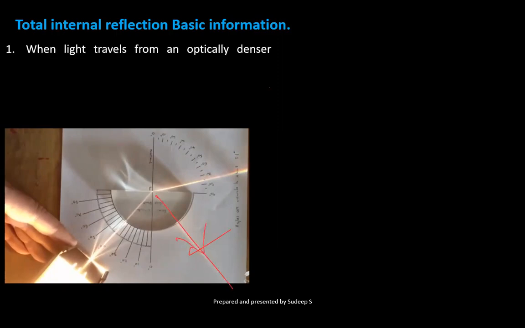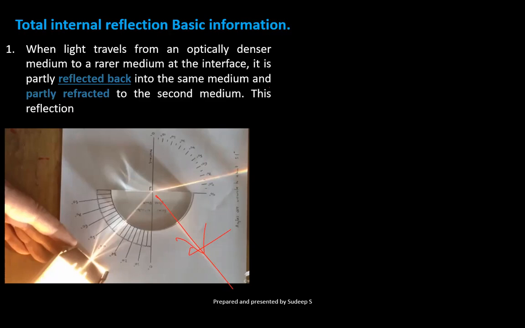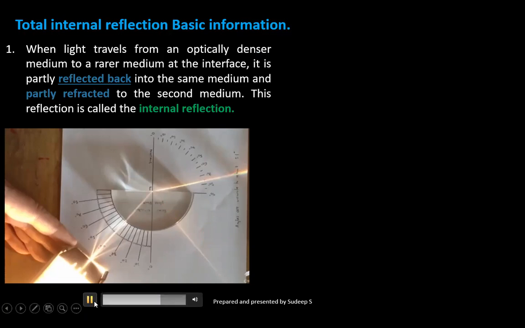When a light ray travels from an optically denser medium to a rarer medium, at the interface it is partially reflected back into the same medium and partially refracted into the second medium. This reflection is called the internal reflection. Let us proceed with the video further.